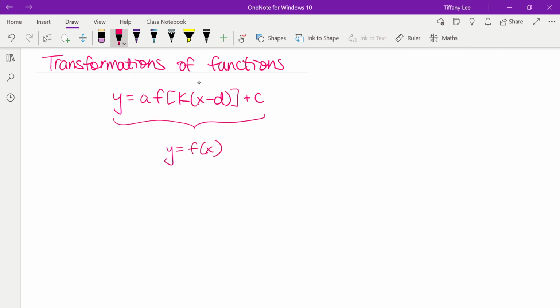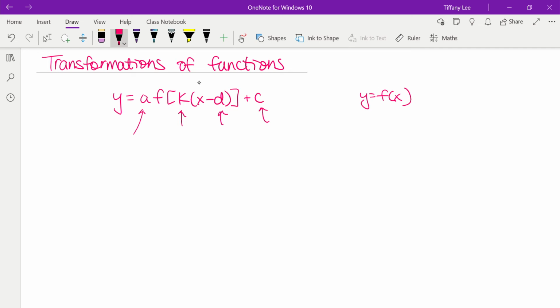Y equals f of x is your original equation. Before we do an actual example, we need to recognize what a, k, d, and c will do, and how these will transform your original function.